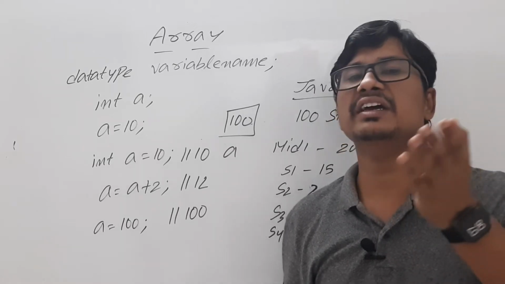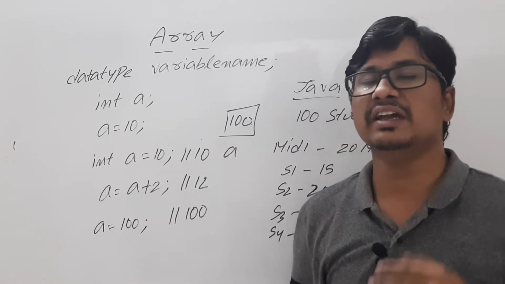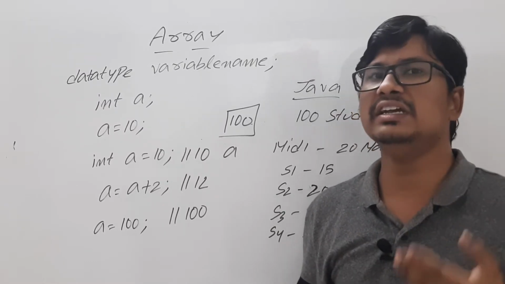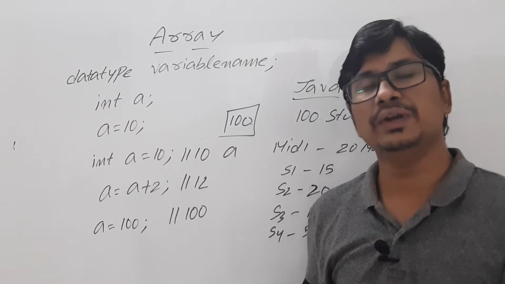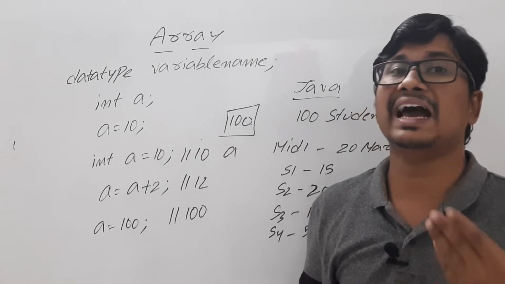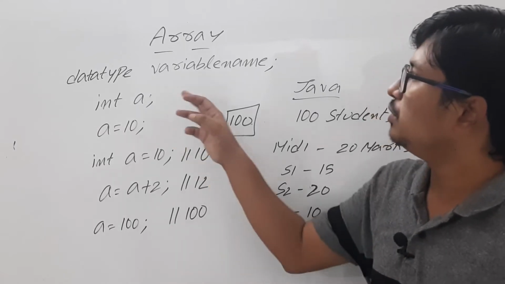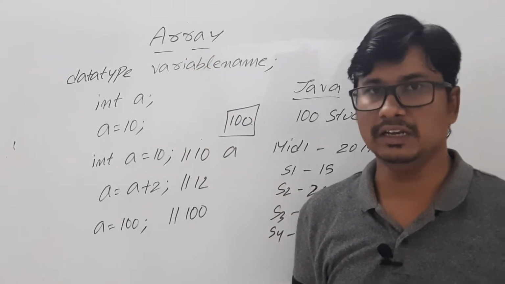If you have created a character array of size 10, you can store 10 character constants. If you created a float array of size 20, then you can store a collection of 20 real constants. So you can store homogeneous elements.